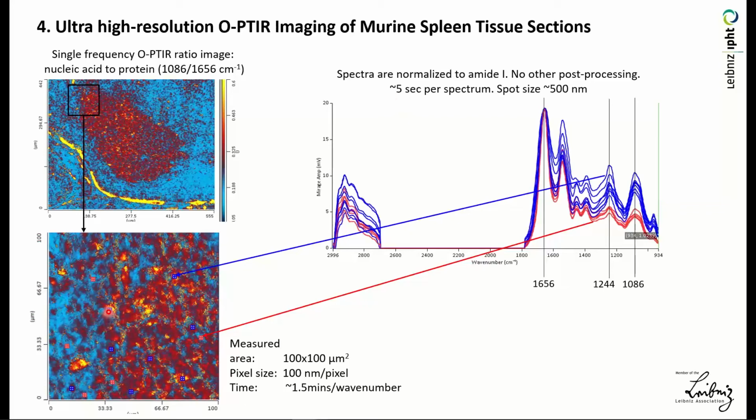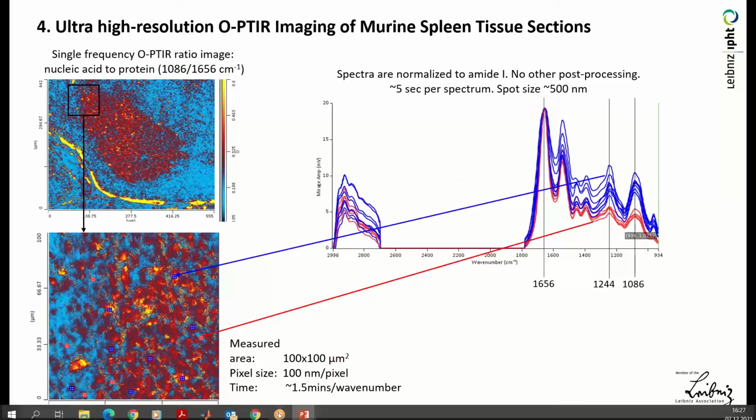So spectra were collected from the spots with a high intensity of this 1086 band, and also the band at 1244. It has a very high intensity, and then here the red spectra were collected from the blue colored areas, and these spectra have much lower intensities at 1086 and 1244 relative to the amide I band.